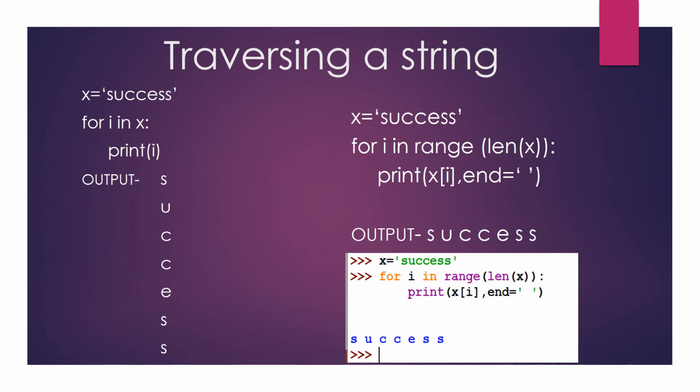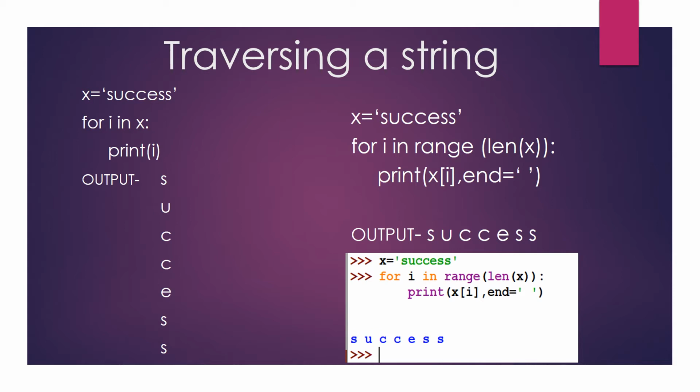Here print x of i means the first index value, that is 0. The length of the string is 7 and the first index is 0.